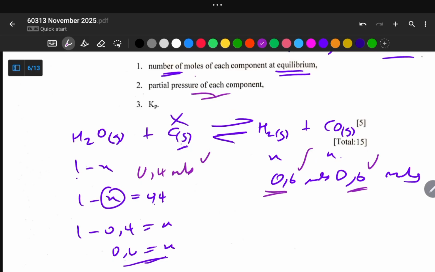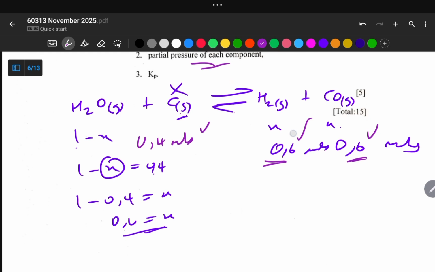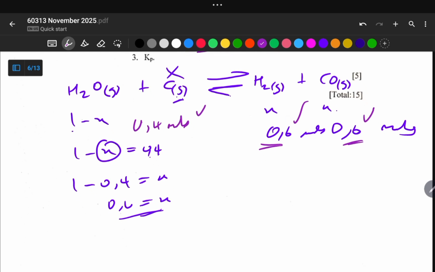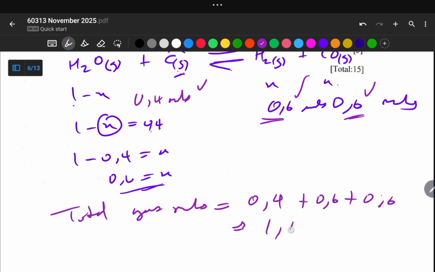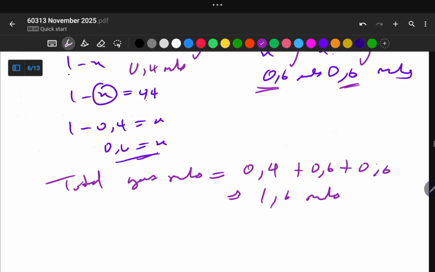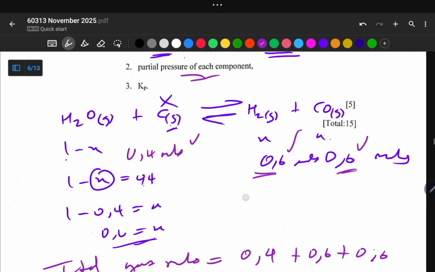And then the partial pressure of each component. So for the partial pressure, we're starting by having the total number of moles. So the total gas moles, we're simply going to have 0.4 plus 0.6 plus 0.6, and then we are going to have 1.6 moles in total. And then the partial pressure of each gas, we are simply going to have the number of moles of that gas. So let us start with steam, right?